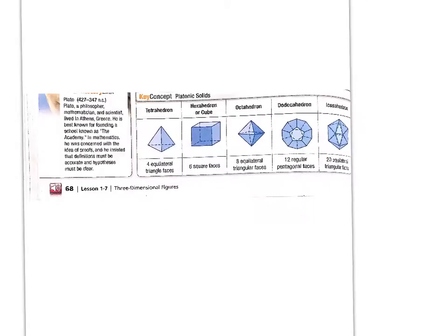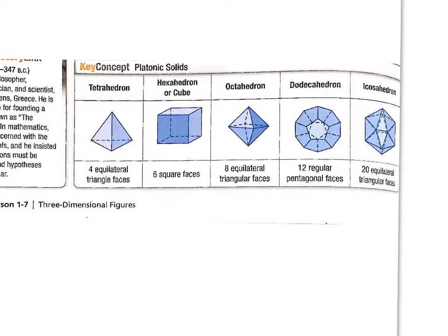So here are some particular examples with some different Platonic names. Tetrahedron. If you look at a tetrahedron here, it's made up of 4 equilateral triangles. Okay, and the reason these are Platonic solids is because their faces are all regular polygons. So here a cube is made up of squares.